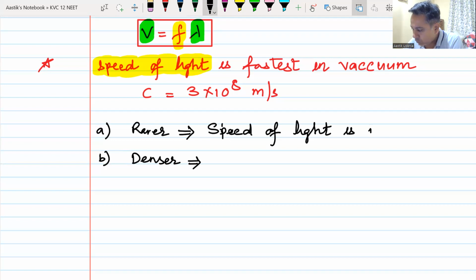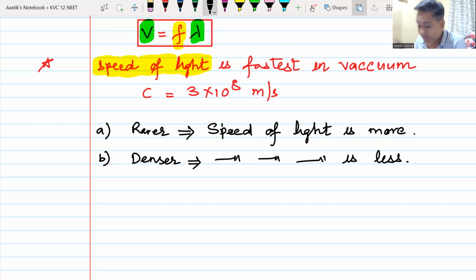When we compare two mediums, we will call the medium in which the speed of light is more as the rarer medium. Then what will you call the denser medium? The one in which the speed of light is less.